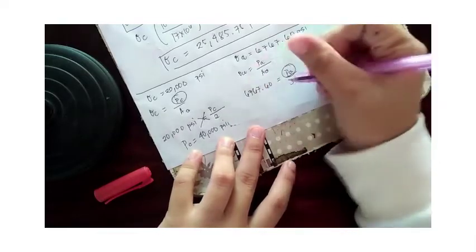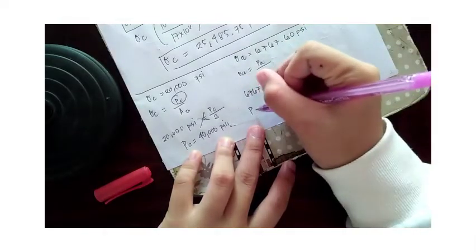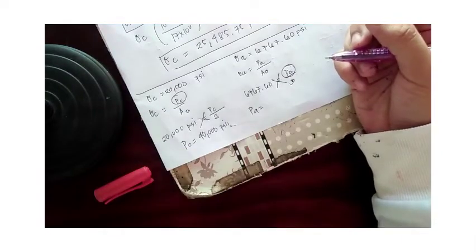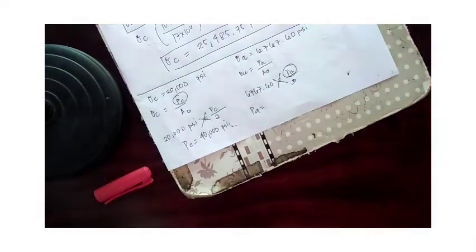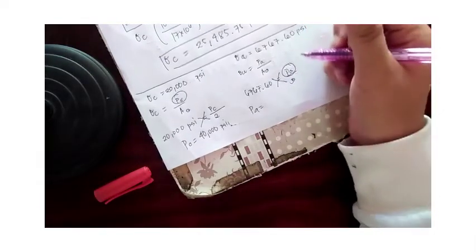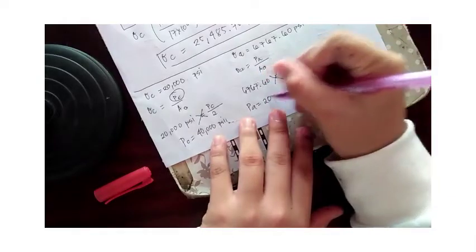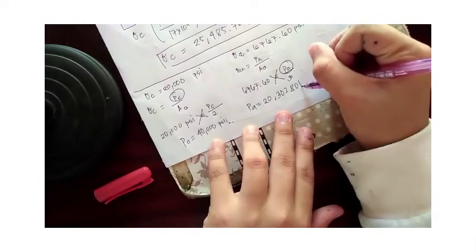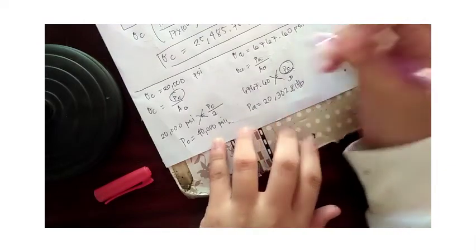At ito ang nahanap natin, cross multiplication. Force of aluminum is equals to 20,302.80 pounds.